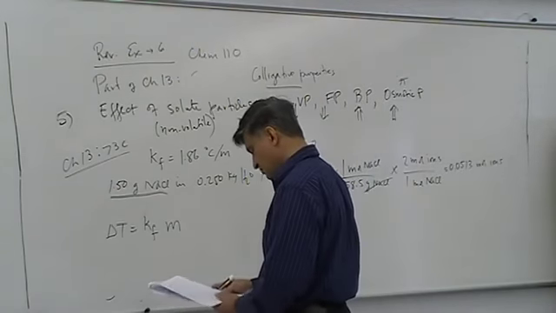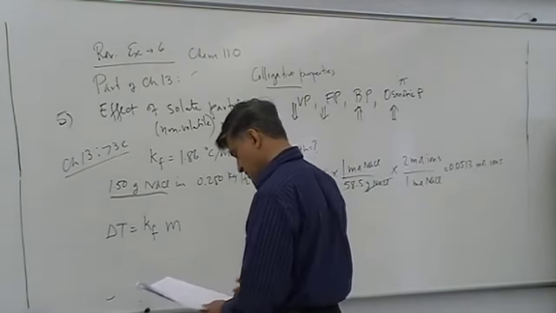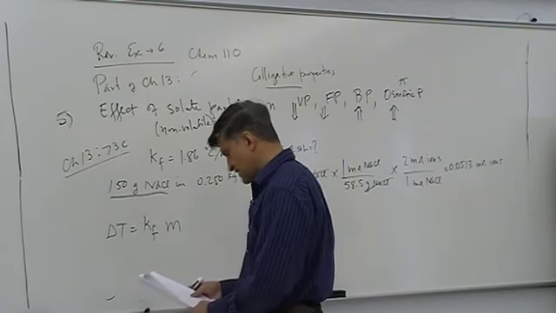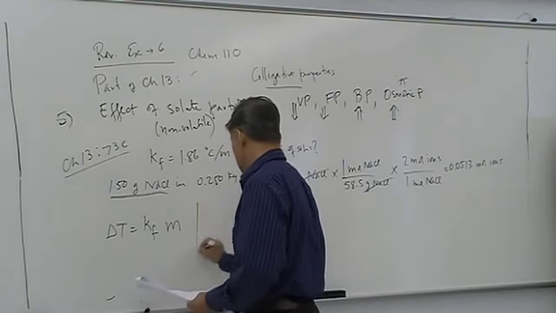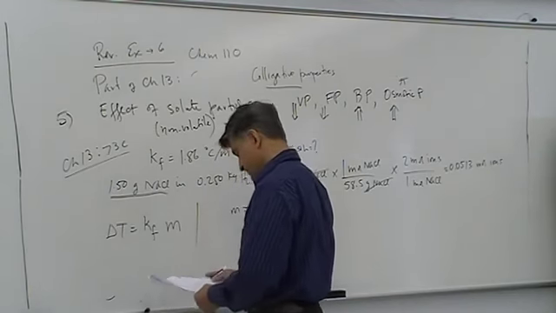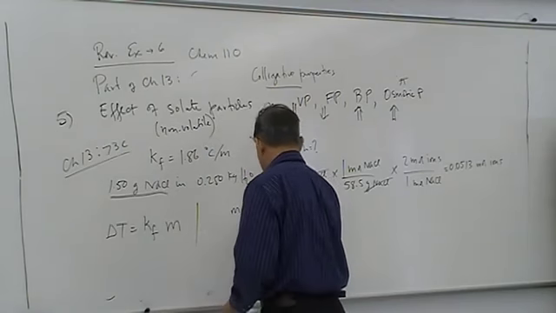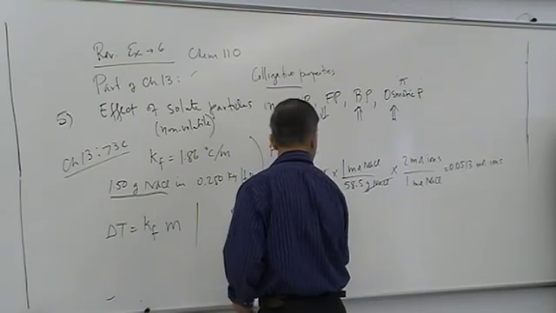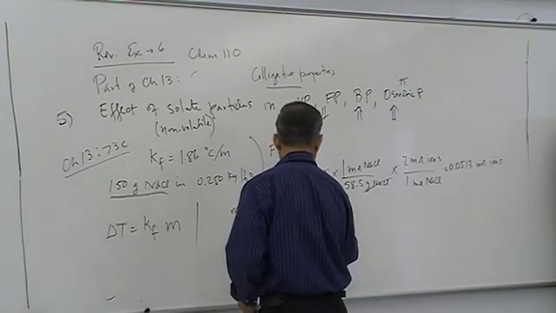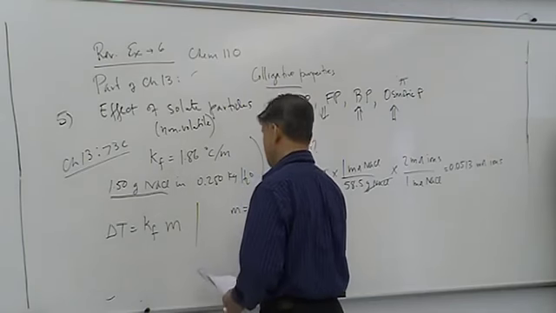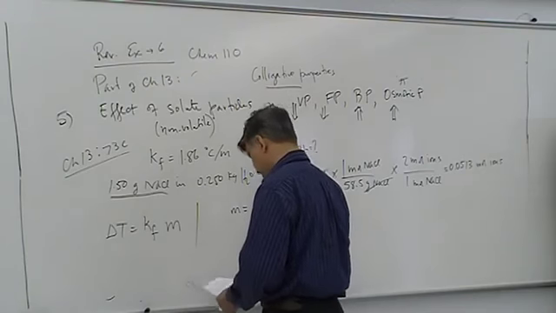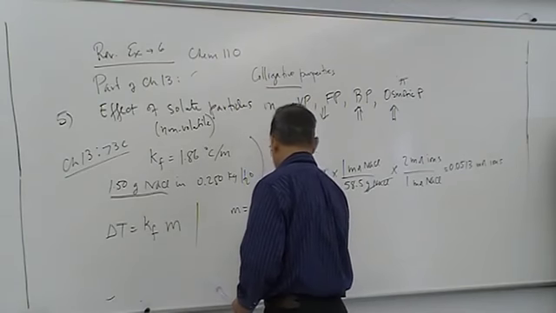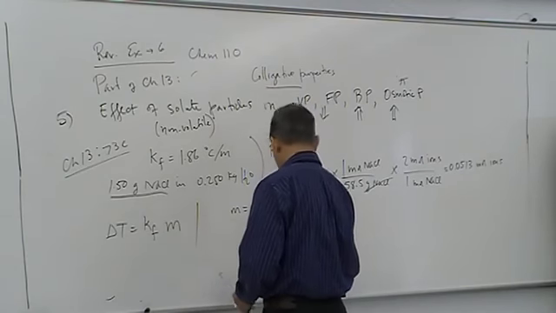Okay, now we can calculate molality. m value would be given by 0.0513, that's the moles of ions coming from sodium chloride divided by the kilogram of solvent, 0.250 kilogram H2O.